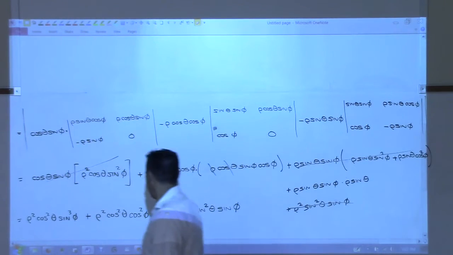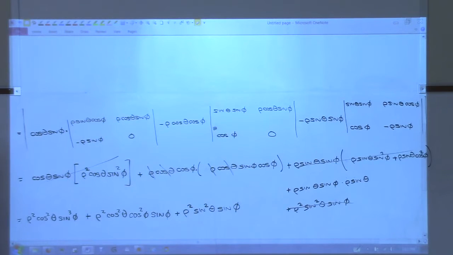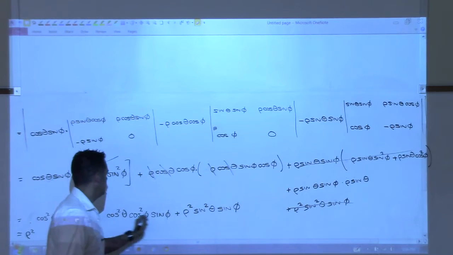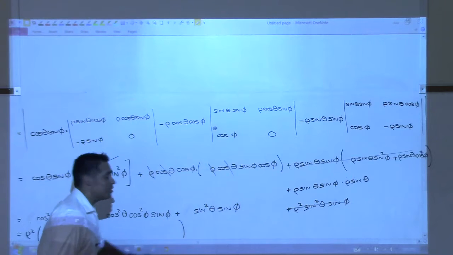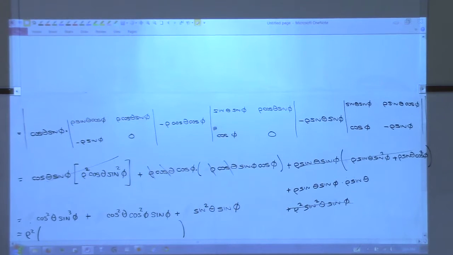Any suggestions? You can pull rho squared out of everything, right? Well, that's nice because if I pull rho squared out of everything, my answer is supposed to have rho squared in it, right? So rho squared is out. Now in parentheses here, this better turn into sine phi. So anyone see what I can do?